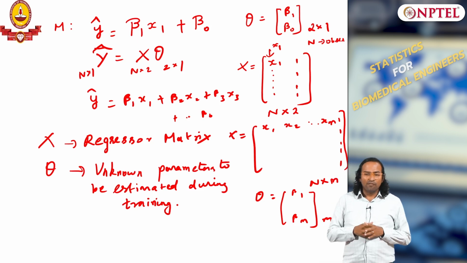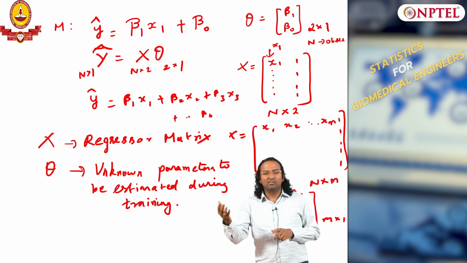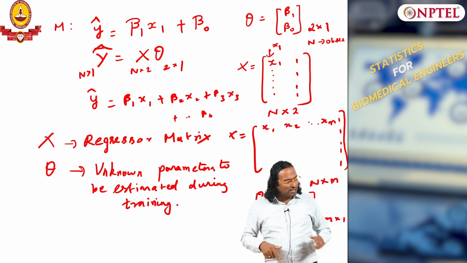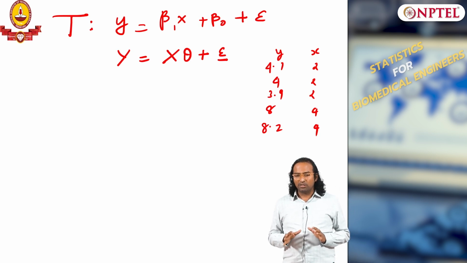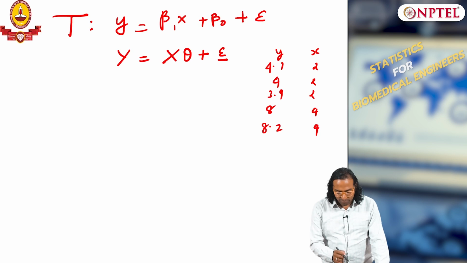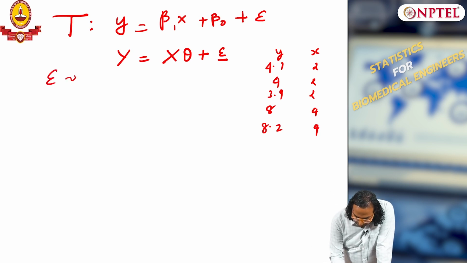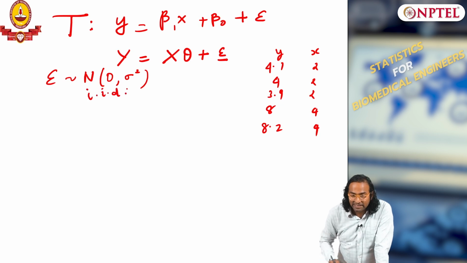That is why when you fit y equals mx, you do not fit a model for noise. You assume that the noise epsilon is unmodelable, and this is a usual assumption we make about the noise. So, epsilon is going to follow a normal distribution, 0 comma sigma squared, and this is going to be IID.